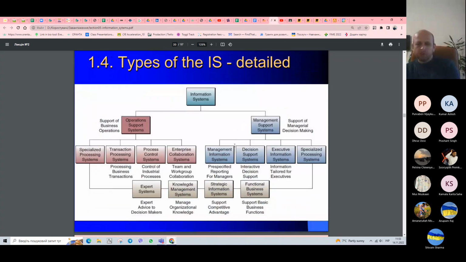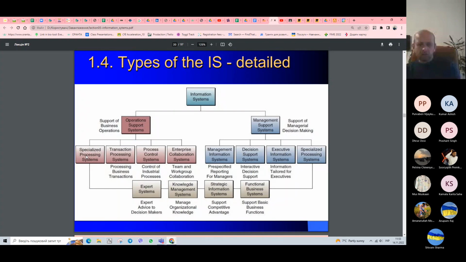Types of information system in detail: there are operational support systems and management support systems, and now we will see what they include.